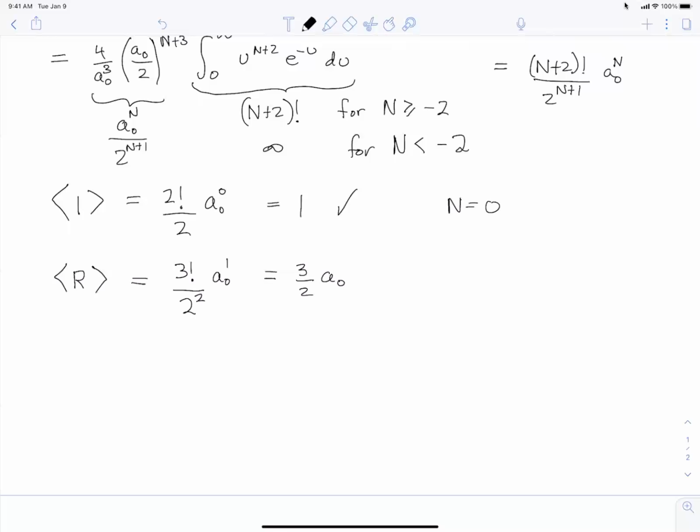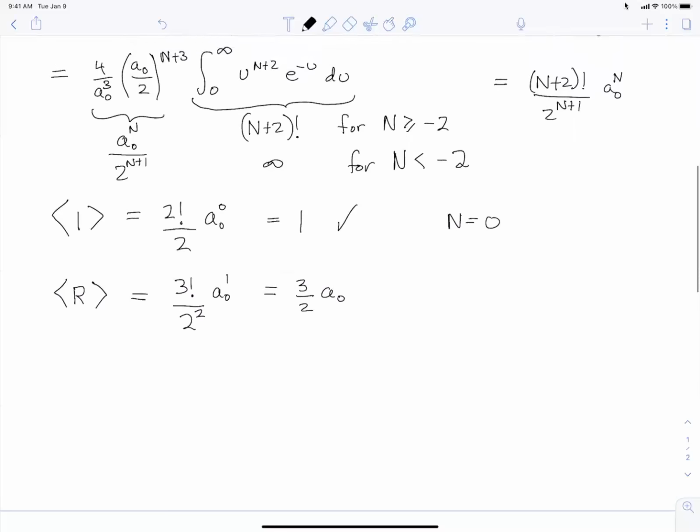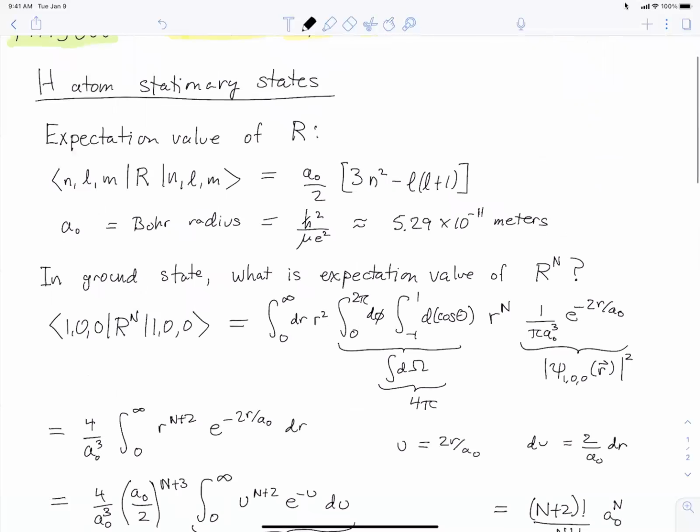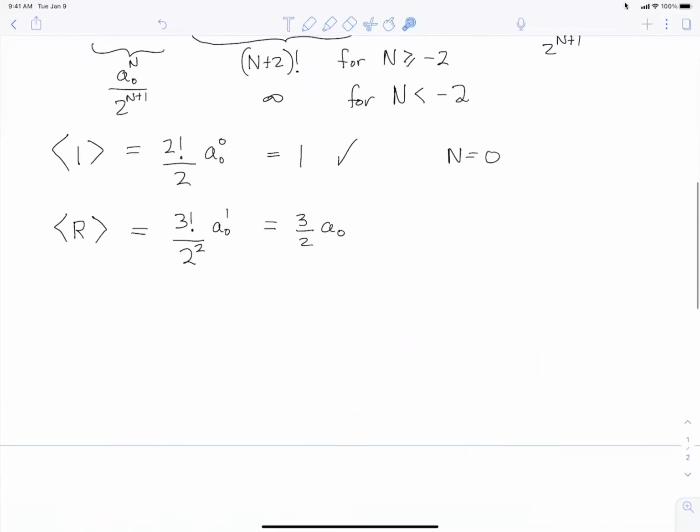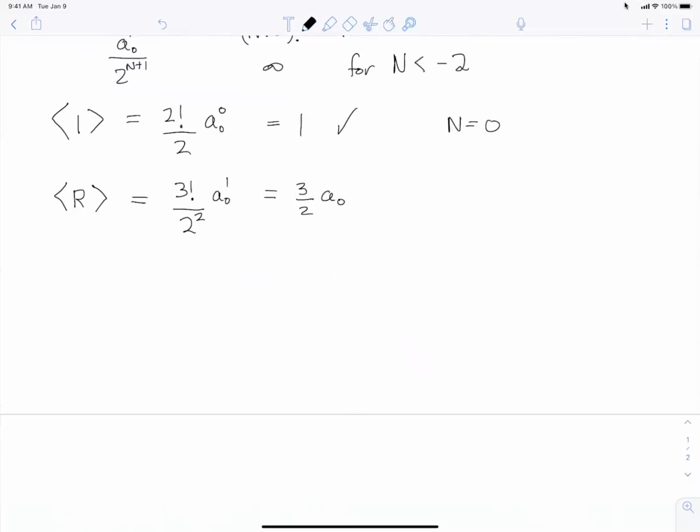So one perhaps might have naively guessed that the expectation value of the radial coordinate would be equal to the Bohr radius, but no, it's equal to 3/2 times that. And we actually already knew that because that comes from here. If we plugged in n equals 1 and L equals 0 in that formula, it would have been 3/2 times the Bohr radius. Okay, so that's another good check. That was for n equals 1.